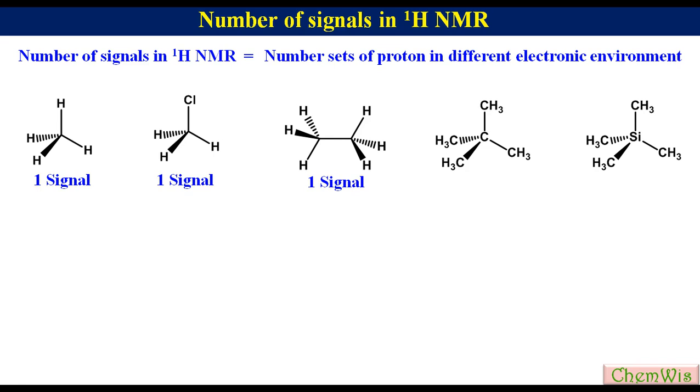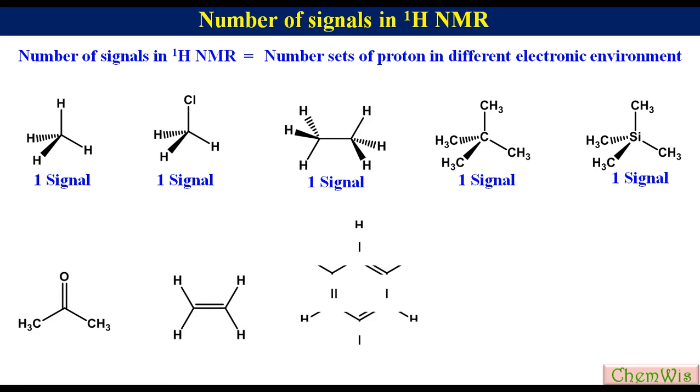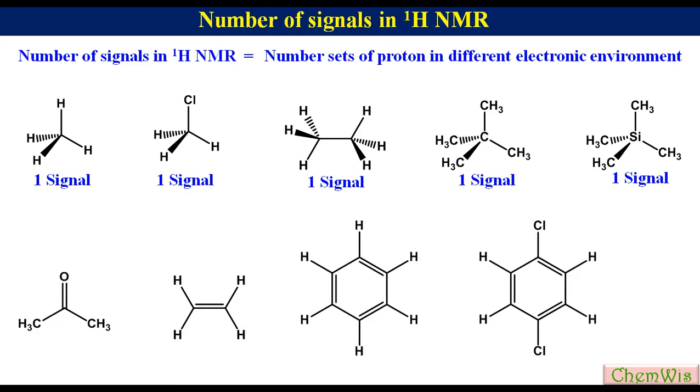Both will show only one signal in proton NMR. Similarly, acetone, ethylene, benzene and 1,4-dichlorobenzene have only one set of protons and thus will show only one signal in the proton NMR.